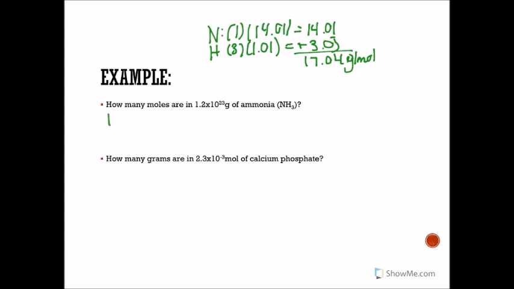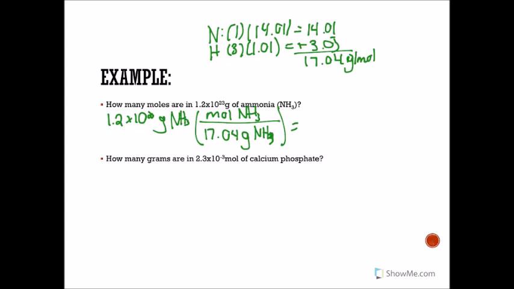It is 1.2 times 10 to the 23 grams of ammonia. And since grams is on the top, we know we need to put grams on the bottom. 17.04 grams of ammonia goes on the bottom, which means moles of ammonia go on the top.